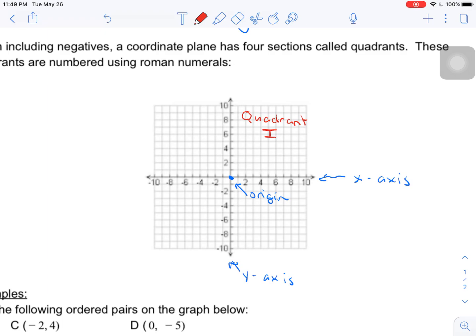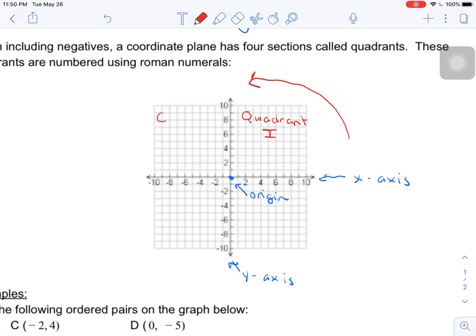The only thing you have to remember is which direction do I number them off, clockwise or counterclockwise. That just comes down to remembering it. The way they're numbered is counterclockwise. Counterclockwise basically means the opposite way that the hands on a clock would turn. The hands on a clock turn this way, which means we're going to number them the opposite direction.